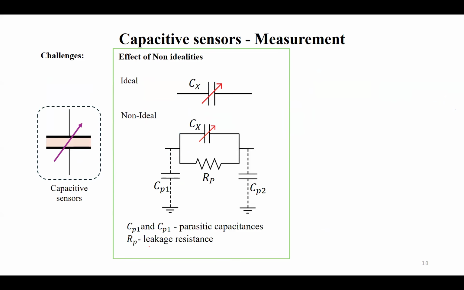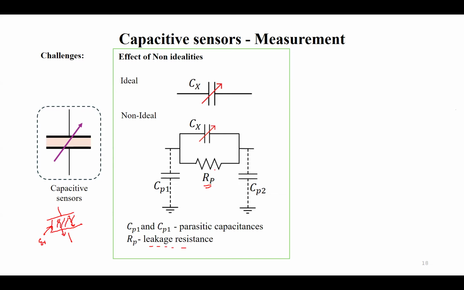One element is the resistance Rp, the leakage resistance. If I have two metallic plates, even though it's a single capacitor, there will be a leakage current flowing between the two plates. It depends totally upon the permittivity or the conductivity of the material or dielectric element between the two plates.